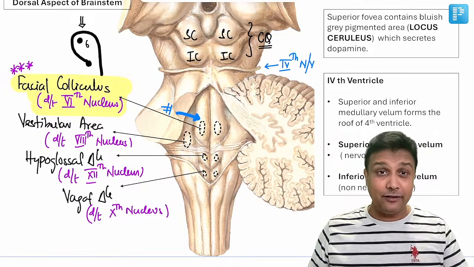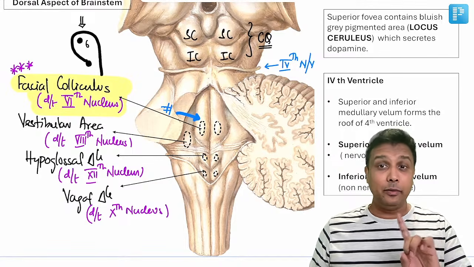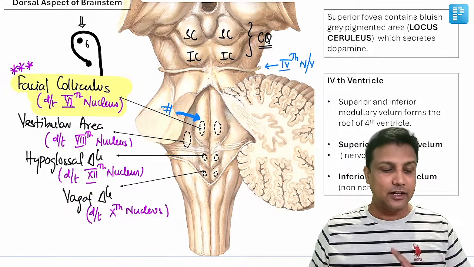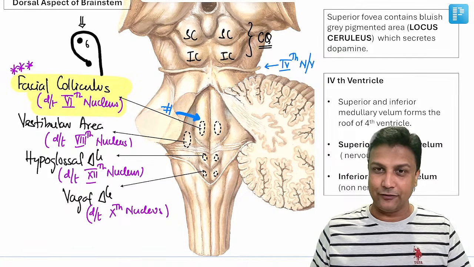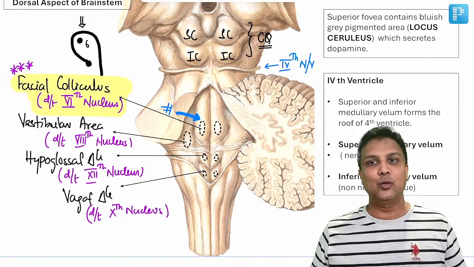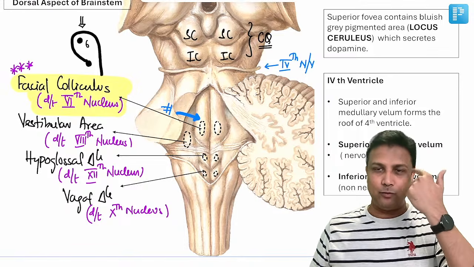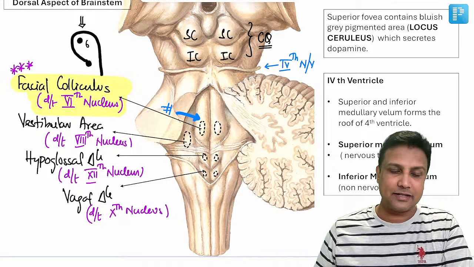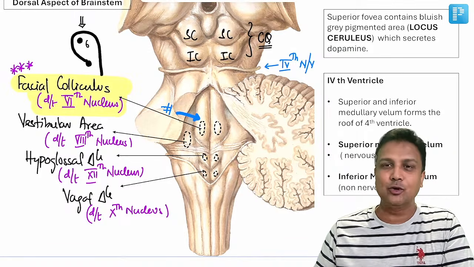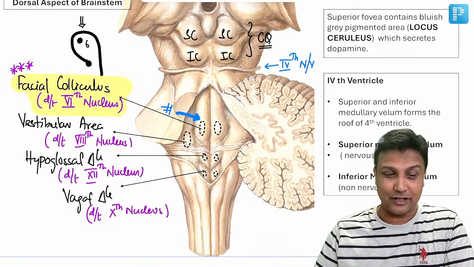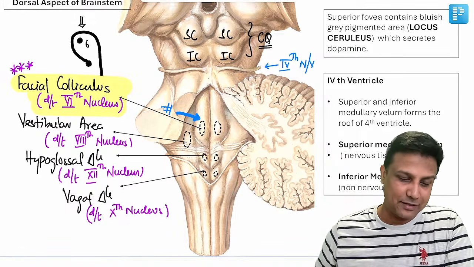So if there is an injury at the facial colliculus, remember, the sixth nucleus will not be injured first. It is the seventh nerve that will be injured first. If the seventh nerve is injured, we know very well that the seventh nerve supplies all the muscles of the face, and that will lead to paralysis of the muscles of facial expression.